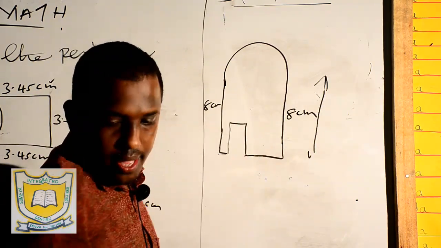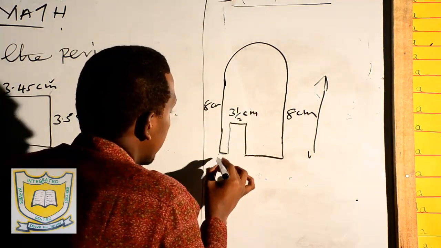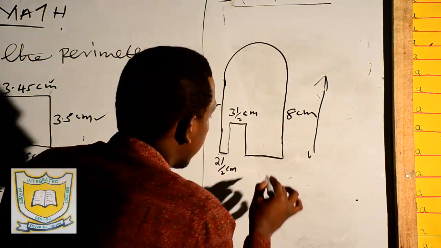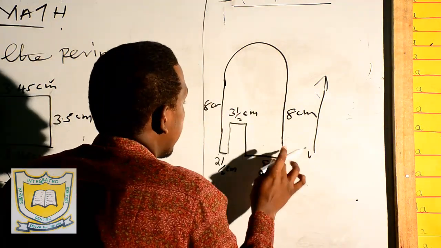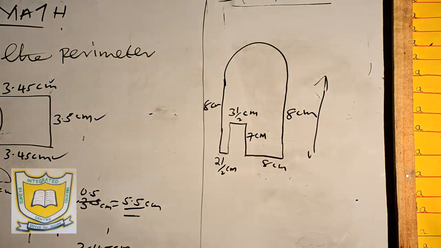Here is 8 centimeter. Here is 3.5 centimeter. Here is 2.5 centimeter. And here is 8 centimeter, and here it's 7 centimeter. You are told now find the perimeter.